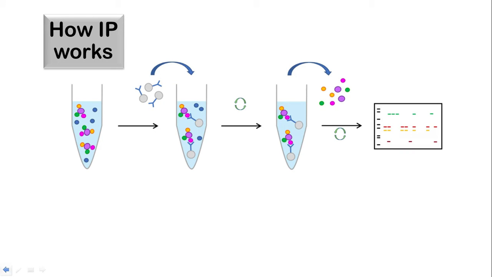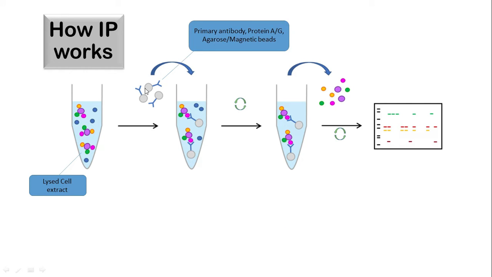Moving on to the molecular basis of the immunoprecipitation technique, or how the IP works. In the first diagram of a microcentrifuge tube, we can see that the lysed cell extract contains 2 types of different protein. The goal here is to precipitate out the protein of interest. To do so, we can use an antibody that has been coupled with agarose or magnetic beads.